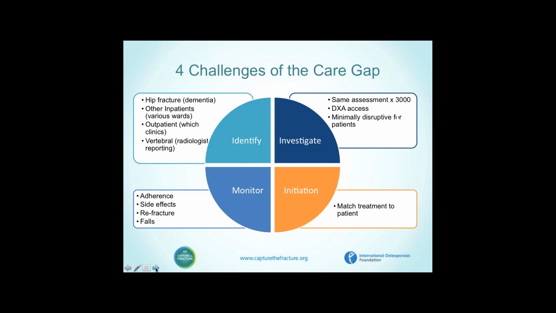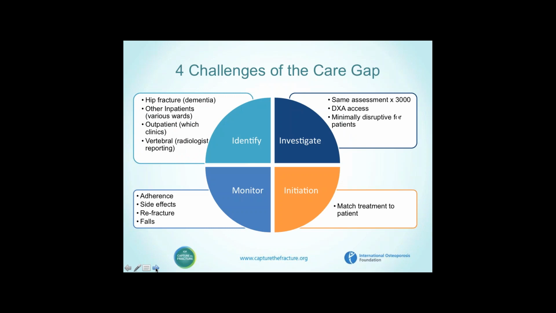So to recap, the 4 challenges of the care gap are firstly identification. This may be challenging. How does one case find and identify those with cognitive impairment or dementia? They may present in a number of outpatient settings, not only in the trauma setting.